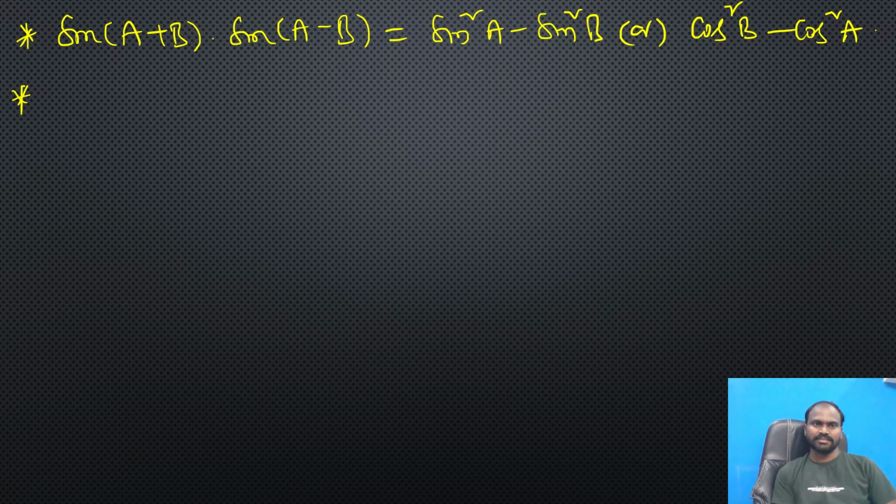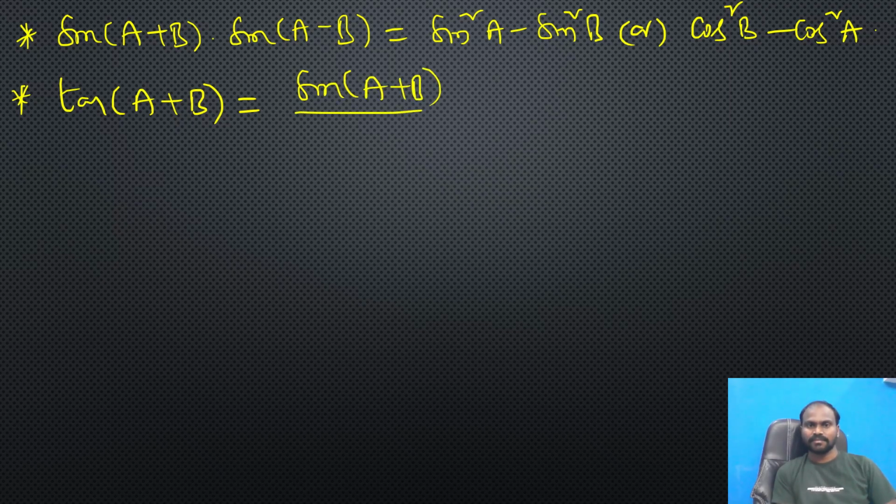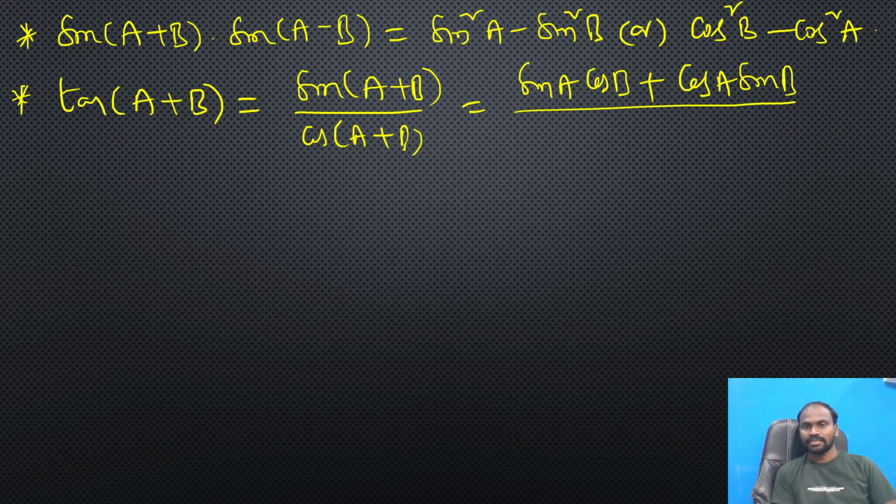Okay, next tan, compound angle sum. So tan of a plus b can be written as what? Sin of a plus b by cos of a plus b, right? So sin of a plus b is sin a cos b plus cos a sin b, totally divided by cos a cos b minus sin a sin b.